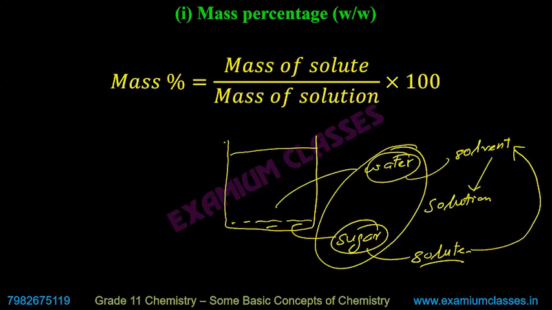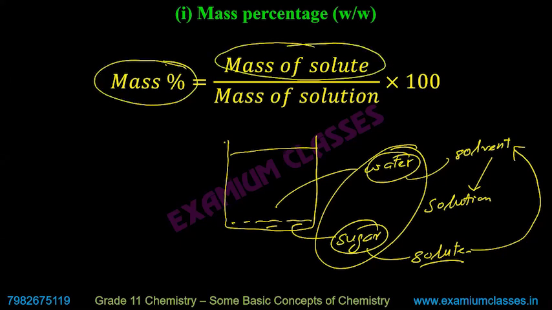In this case, if we are asked the mass percent of solute, the mass percent of sugar, we will say the mass of sugar, which is the solute, divided by the mass of solution in total. Mass of solution means mass of sugar plus mass of water, into 100. That will be the mass percent.